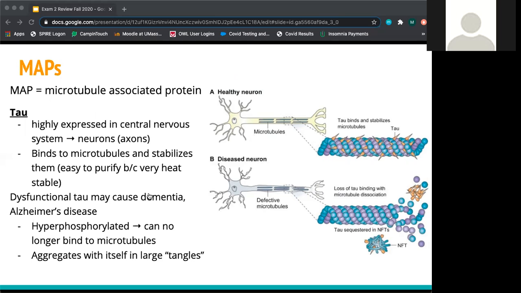So dysfunctional tau may cause dementia and Alzheimer's. And if it's hyperphosphorylated, it can no longer bind to the microtubules and it aggregates with itself and causes large tangles. So when it aggregates with itself, it's kind of like how she had the example of the prions where they all stacked up against one another. It would be the same kind of process.